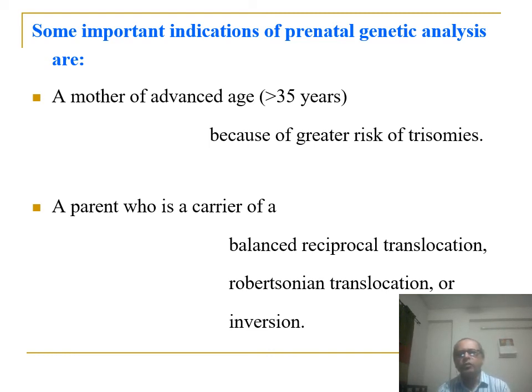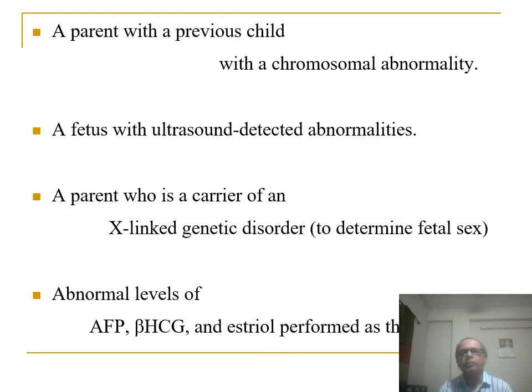A parent who is a carrier of a balanced reciprocal translocation, Robertsonian translocation or inversion. A parent with a previous child with a chromosomal abnormality, a fetus with ultrasound detected abnormality. A parent who is a carrier of an X-linked genetic disorder to determine fetal sex, abnormal level of alpha-fetoprotein, beta-HCG, and estradiol performed as triple test.